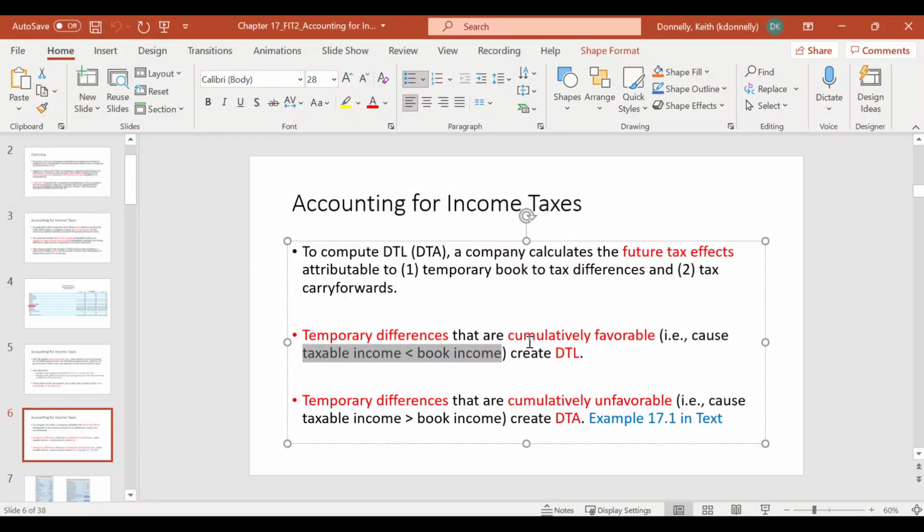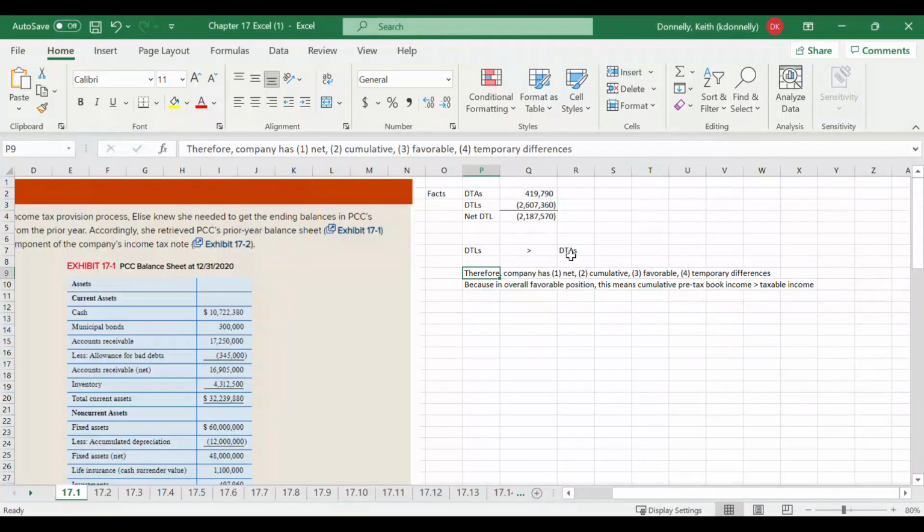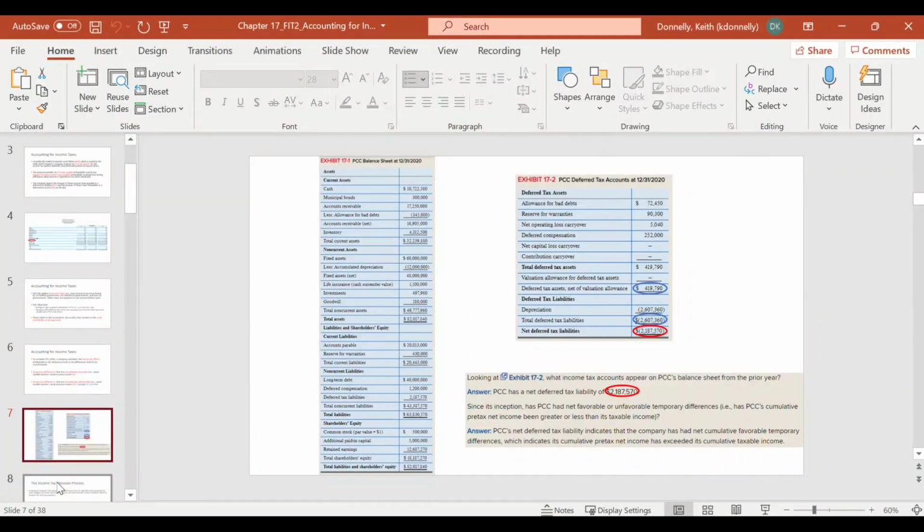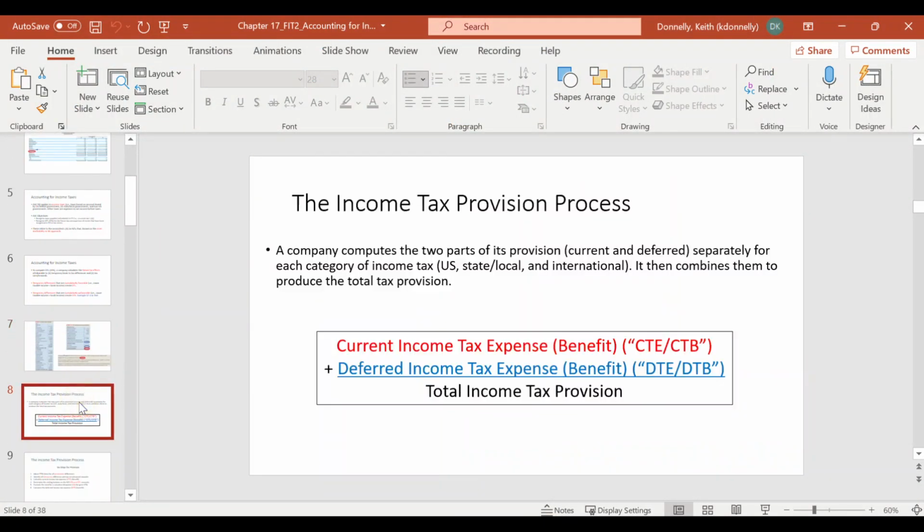So basically, it's cumulatively favorable for purposes of the current year, but in future years, it's going to be unfavorable. That's why we have a net DTL here. Current year good, future years bad. Recognize those future years through the DTL. This is just showing you that.